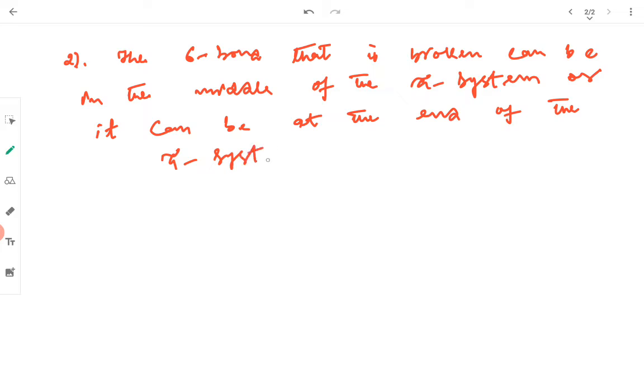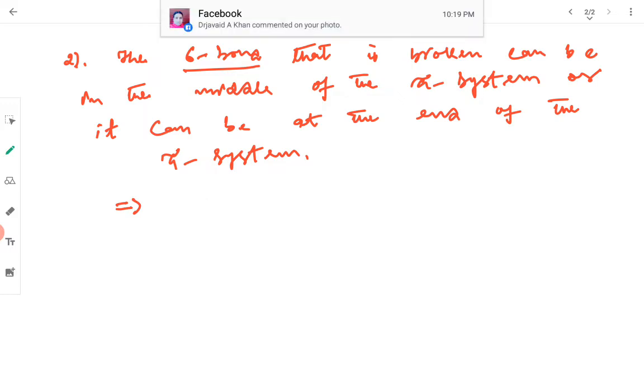So 2 points are very important. One point is that the number of double bonds remain same in the reactant as well as in the product. Number 2, the sigma bond that is broken can be in the middle of the pi system, or it can be at the terminal end of the pi system. I will give you 2 examples, where in one example sigma bond is broken in the middle, and in another example sigma bond is broken at the periphery.